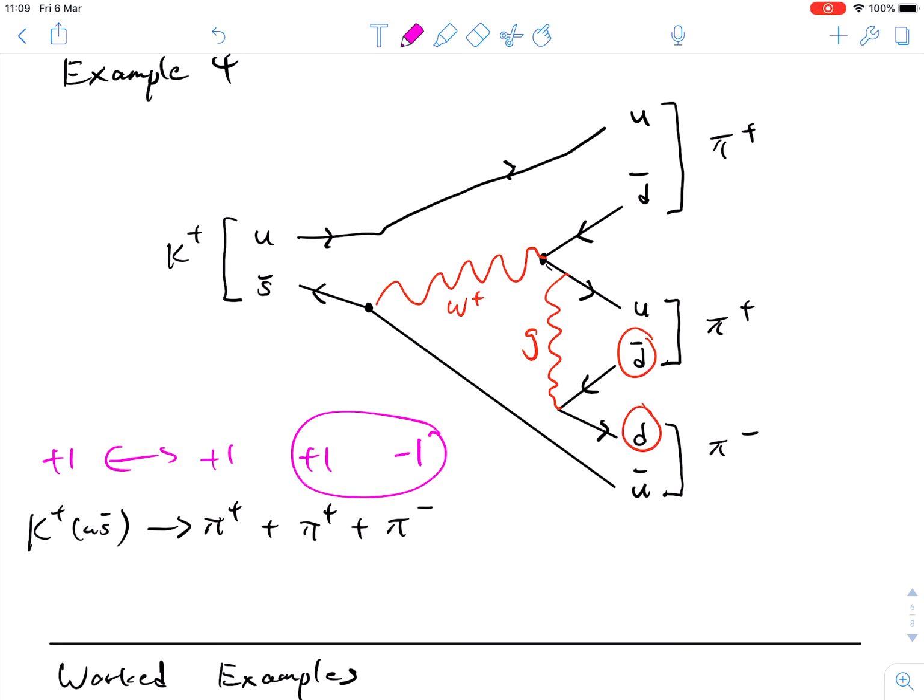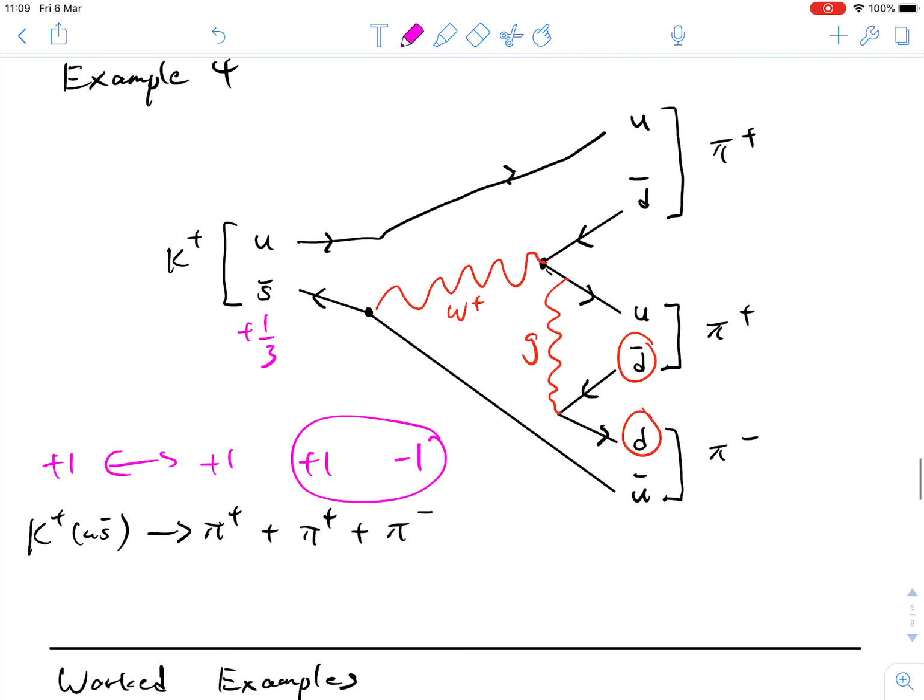And the strange quark, this is kind of funny, is that the anti-strange quark is giving off a positive to become an anti-up. So strange is -1/3. The anti-strange, therefore, is +1/3. So remember, up is +2/3. Anti-up is therefore -2/3.